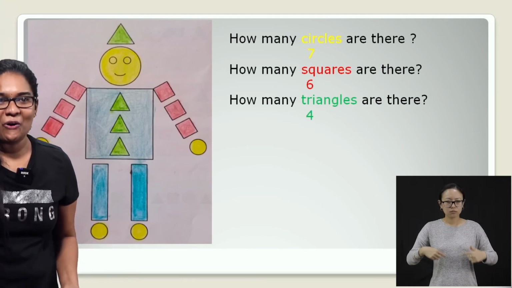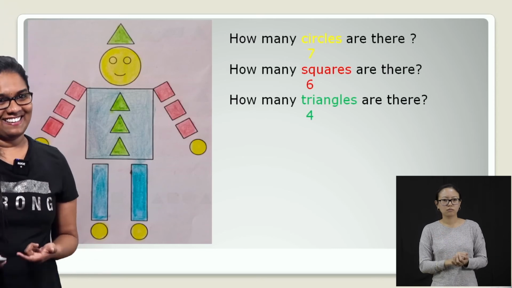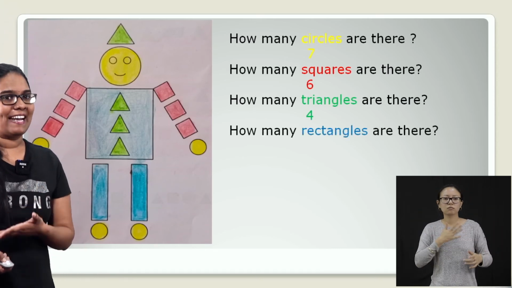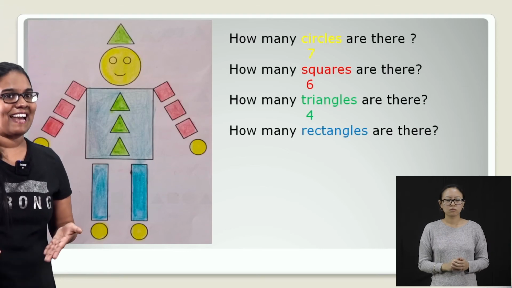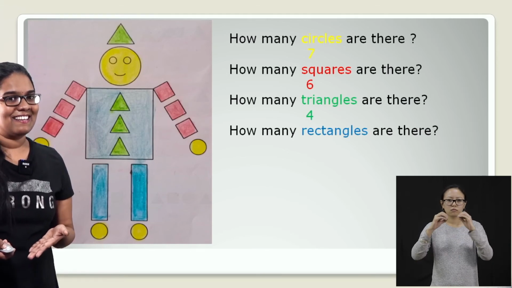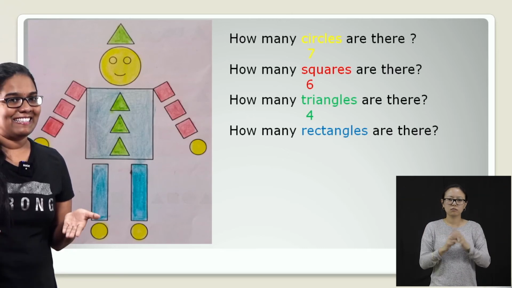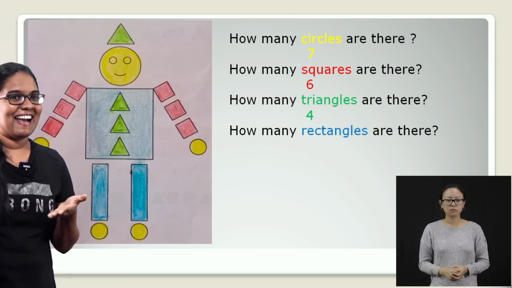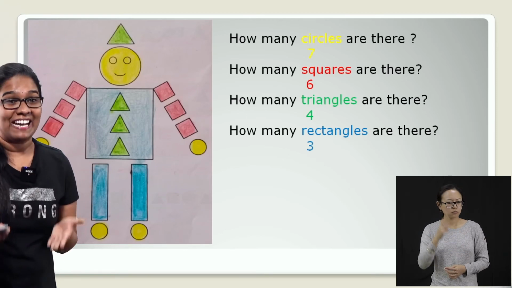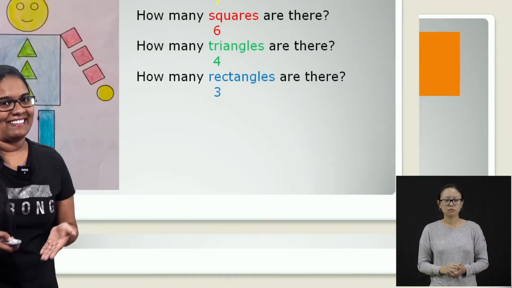As it is 4. 4 triangles are here, right? Then how many rectangles are there? Rectangles. Yes, the blue color is rectangles. Yes, you got it. We have 3 rectangles here, right?